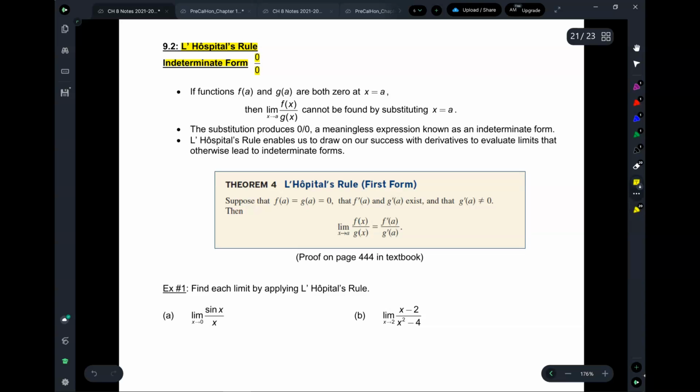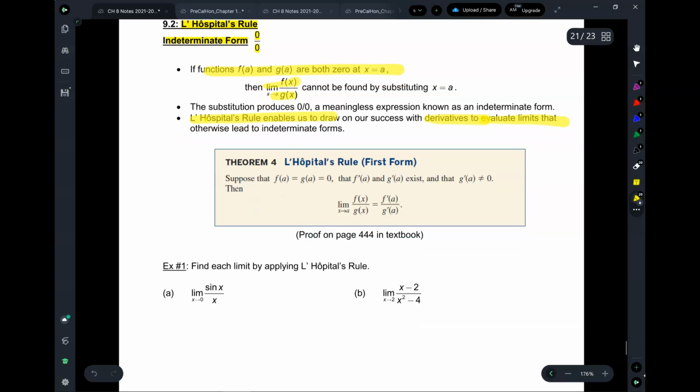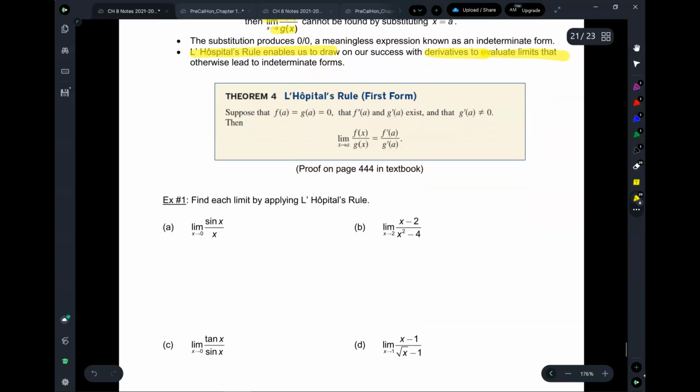So to sum up, if f of a and g of a are both 0 at x equals a, then you can't find the limit by substituting x equals a. L'Hopital's rule gives us a way to use derivatives to evaluate limits that would otherwise have been given indeterminate form.